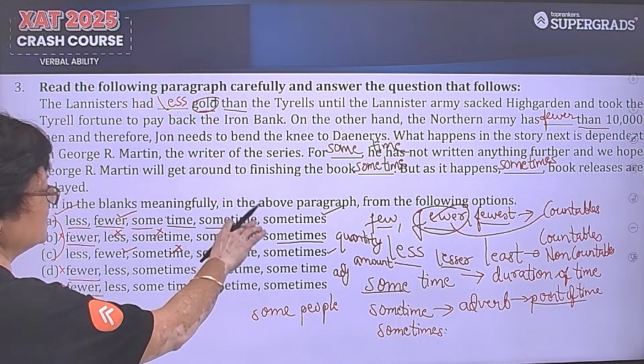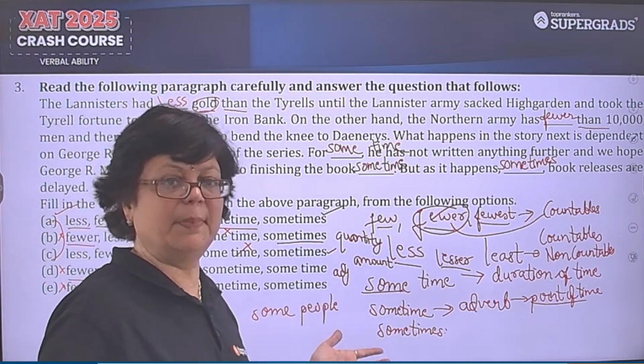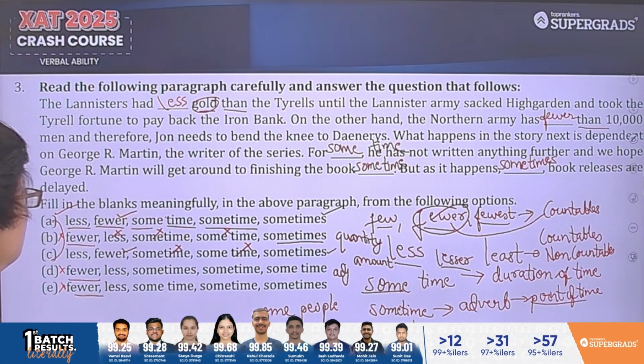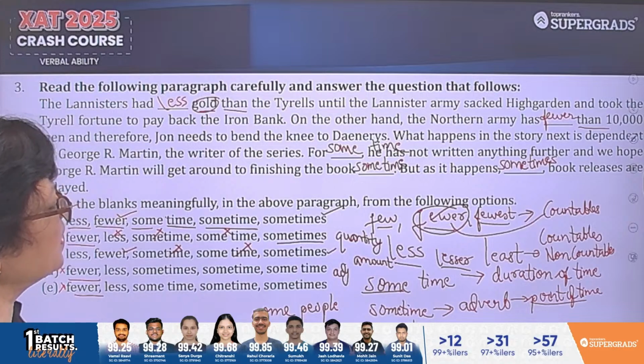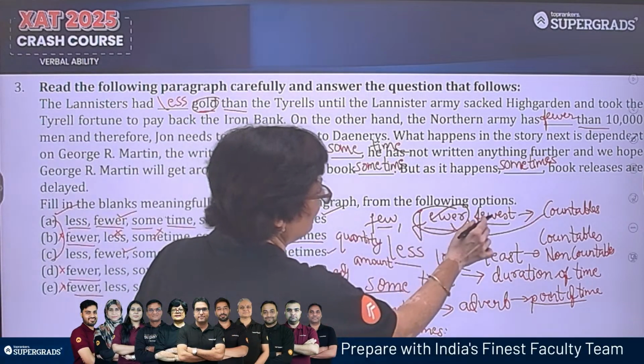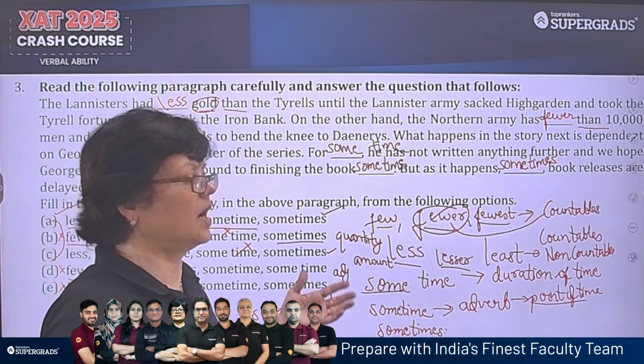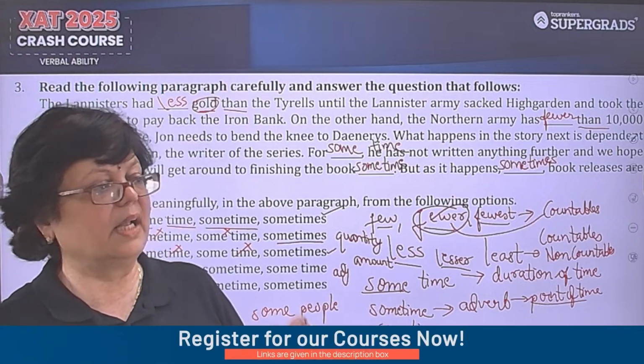So please pay attention to all these different adverbs wherever you find such questions, such usages in the paper, in any competitive exam for that matter, not only XAT. So pay attention where a particular adjective will be used, whether there is a comparison or not, whether there is a countable or an uncountable noun, and so on and so forth.